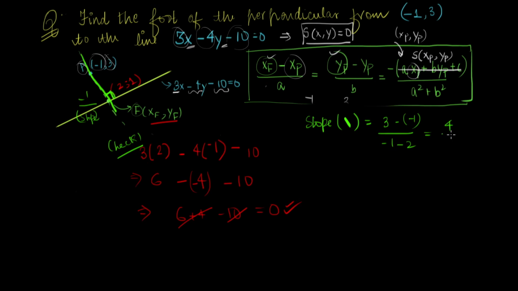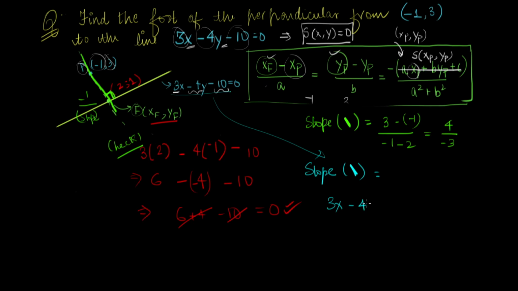So that would be 4 by minus 3. And the slope of the line expressed in blue would be the coefficient of x when y is the subject. In order to do that, I'll work that out.